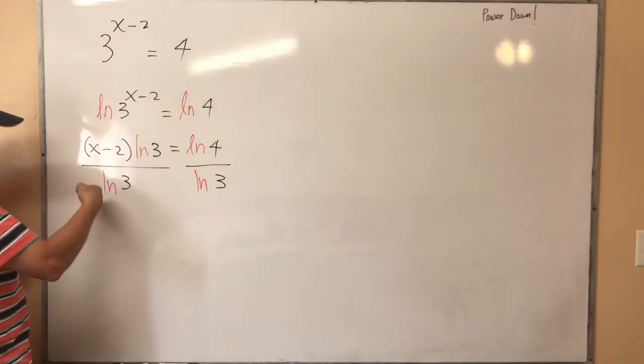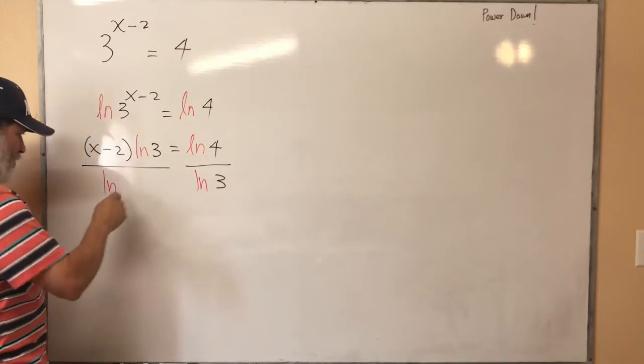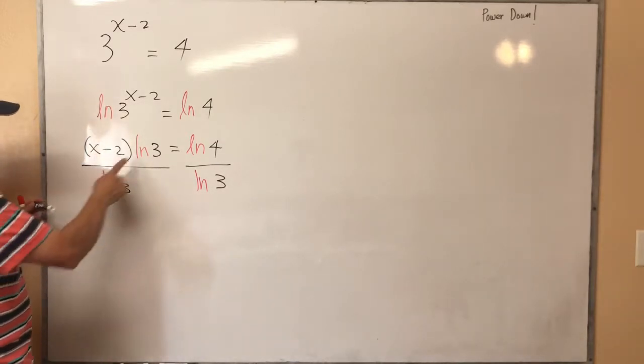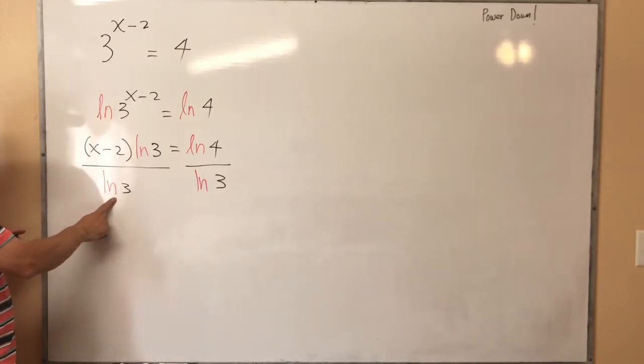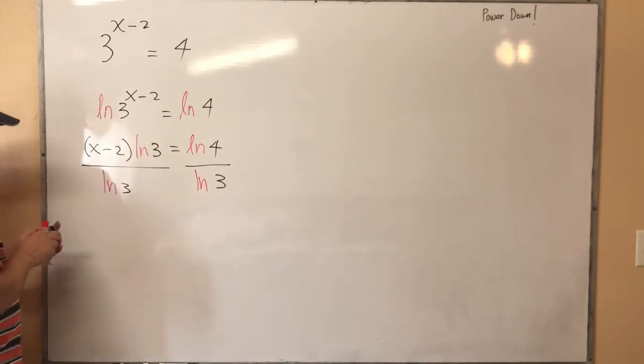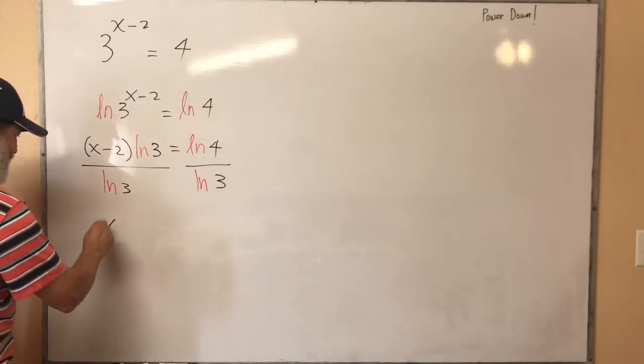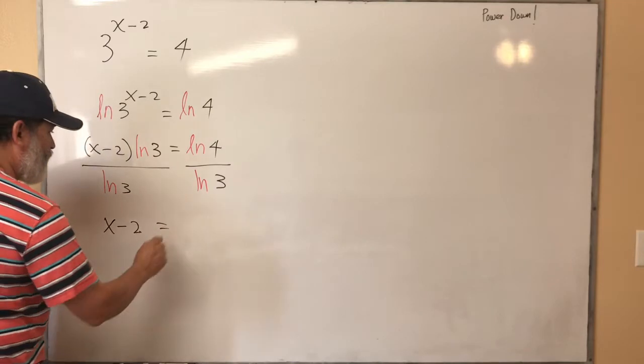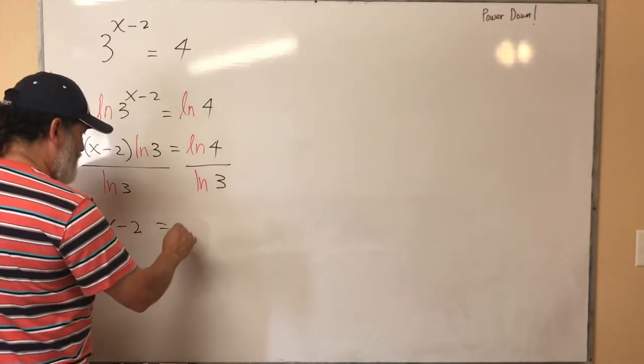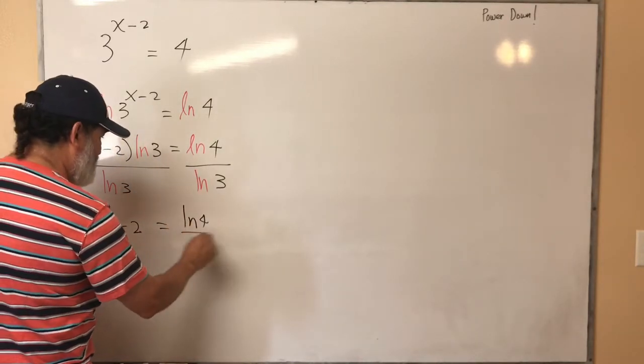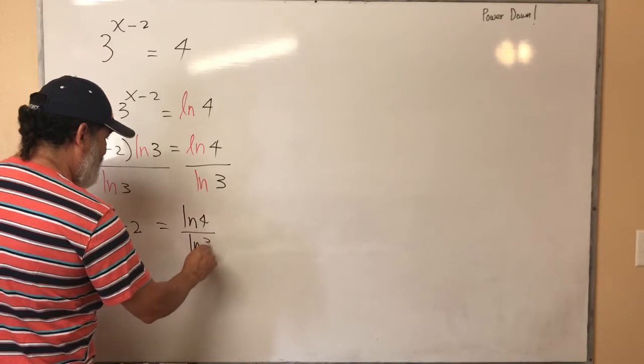This ln of 3 cancels this ln of 3. Cancel. And we get x minus 2 equals, and I'm just going to say, ln of 4 divided by ln of 3.